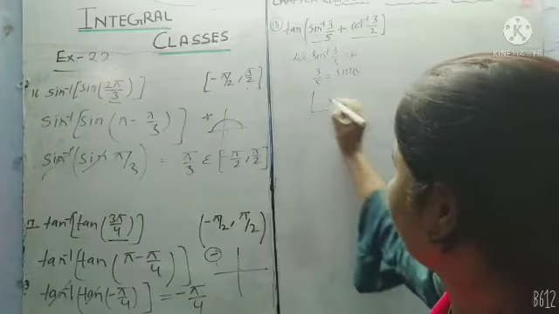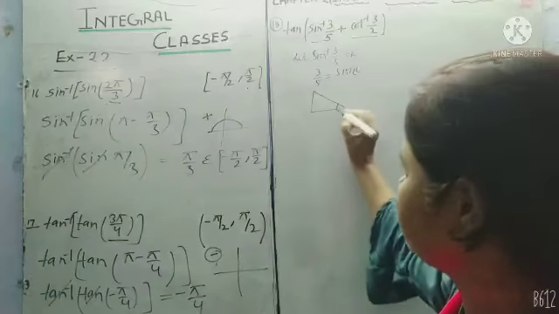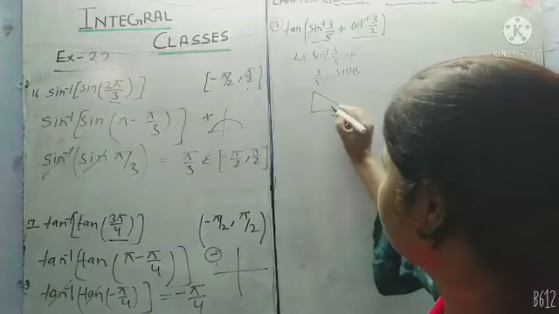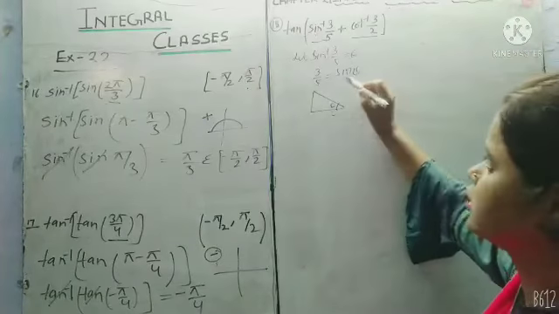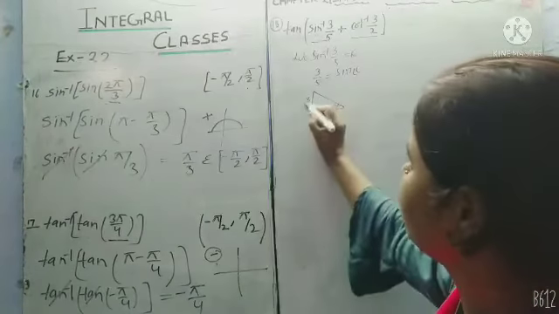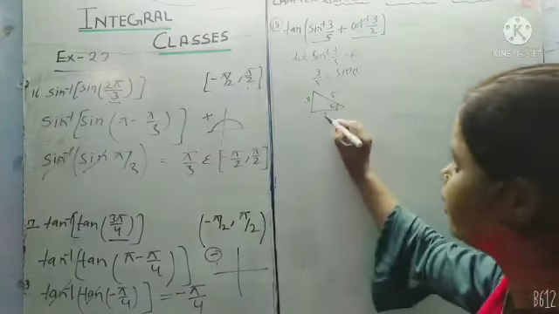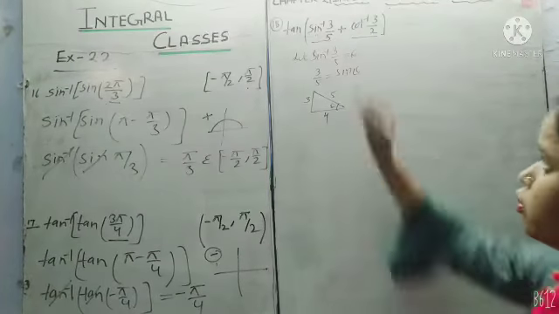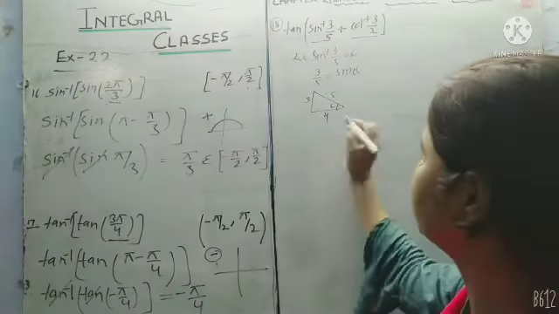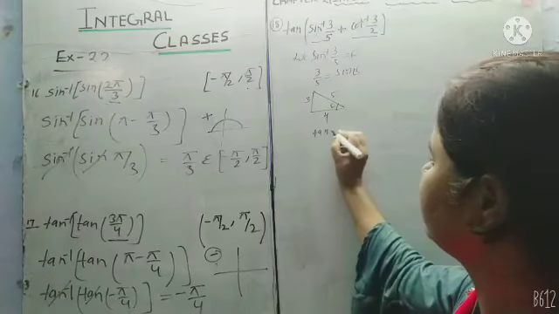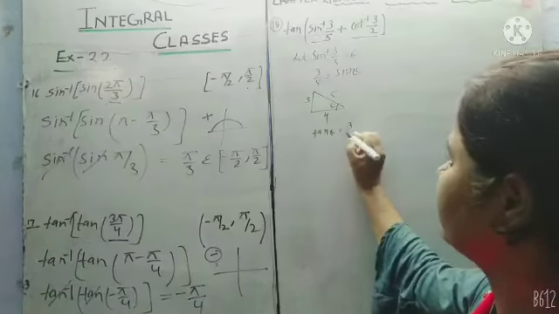Now we will draw a right angle triangle. Suppose this is the angle theta. Sin theta equals perpendicular upon hypotenuse. By the Pythagoras theorem, we will find its base also. Therefore tan theta equals perpendicular upon base, 3 by 4.